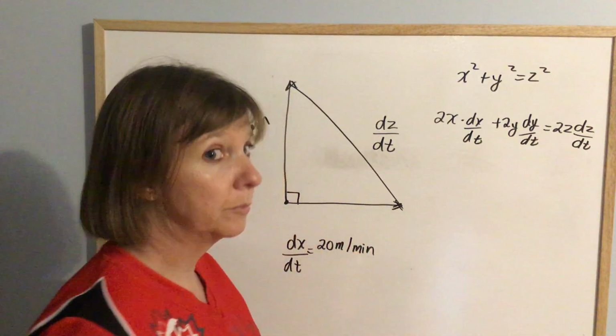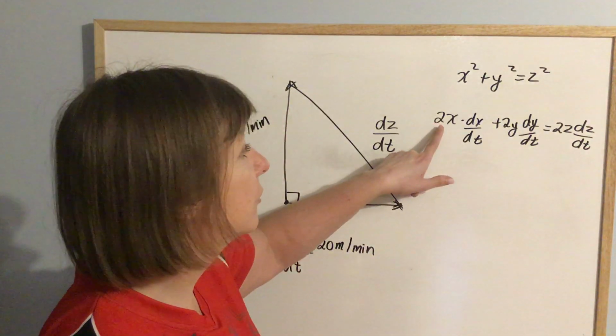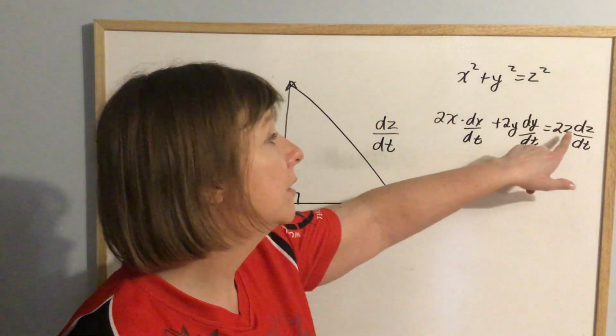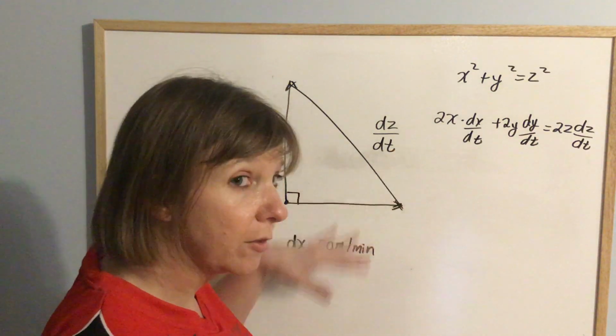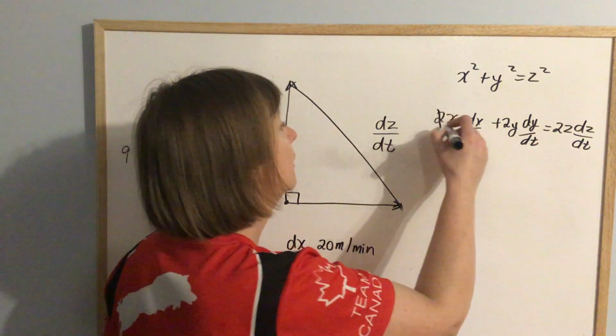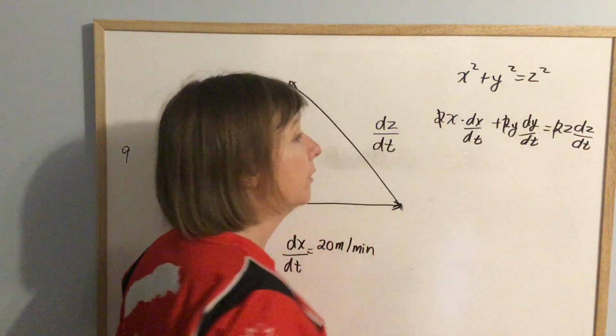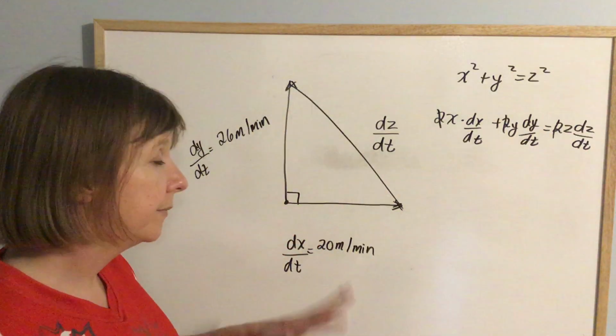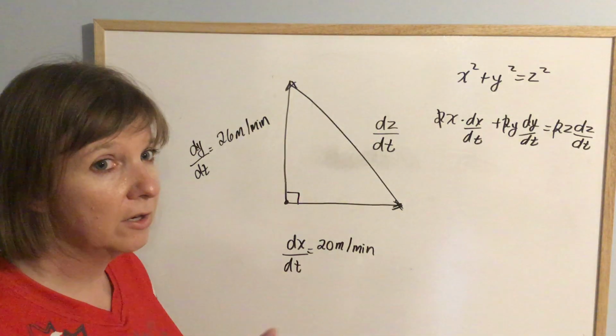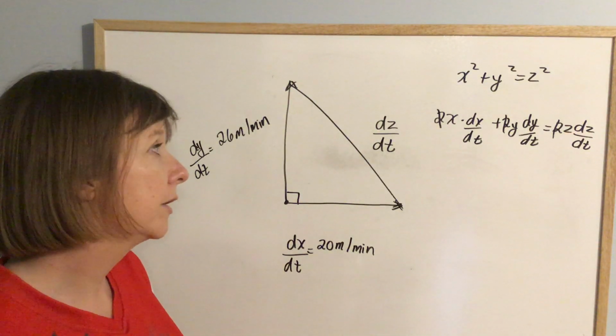Now if you want to, because there's a 2 in this piece, there's a 2 in this piece, there's a 2 in this piece, you can just divide the whole thing by 2, and you would have that. If you want to leave the 2 there, it's fine. If you want to take it out, it's fine.